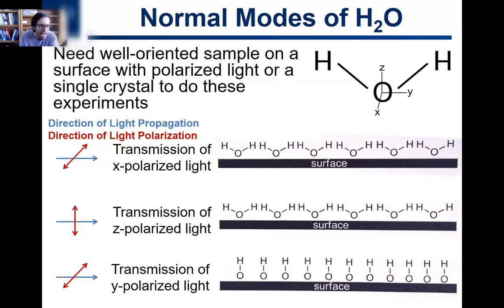This is used to detect molecules specifically on a surface, using infrared light, so you can detect even a monolayer of molecules. That's pretty cool. I'm just telling you how this works basically, but you can think about this. Basically, you're going to have polarization of light and a certain orientation of the molecule with the Cartesian coordinate system defined here.